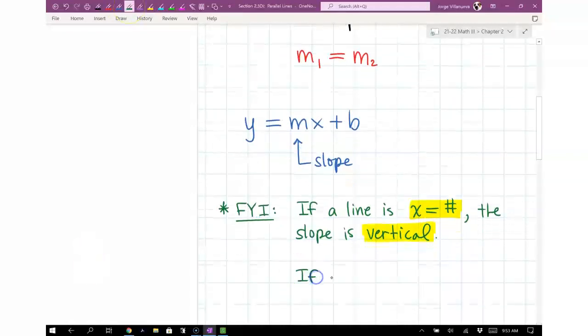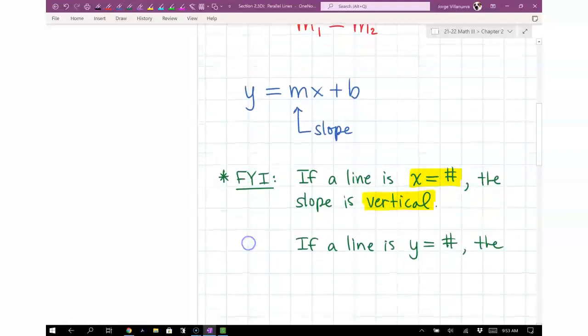Now if a line is y equal to a number, just like y equals 7, y equals -4, the slope is 0.